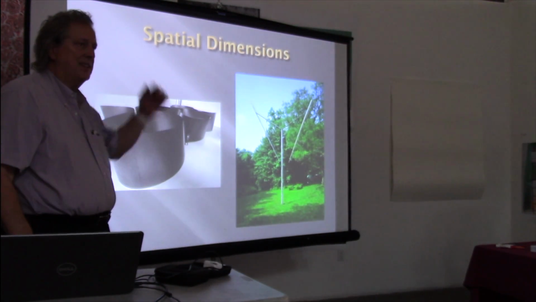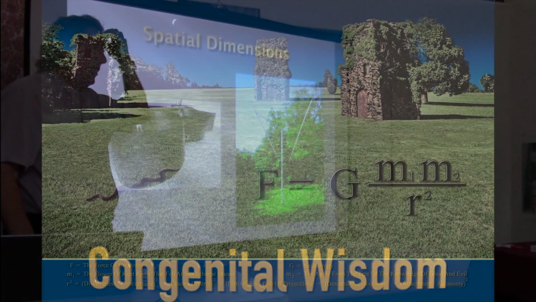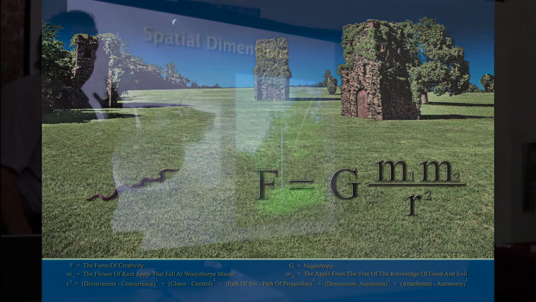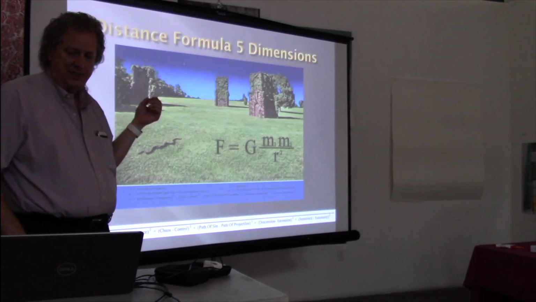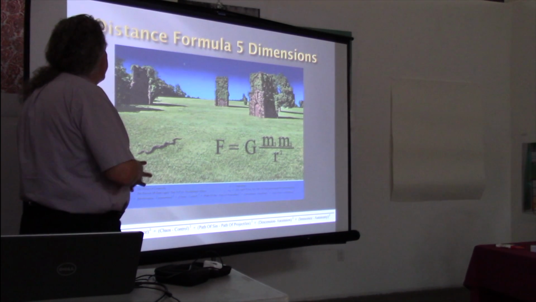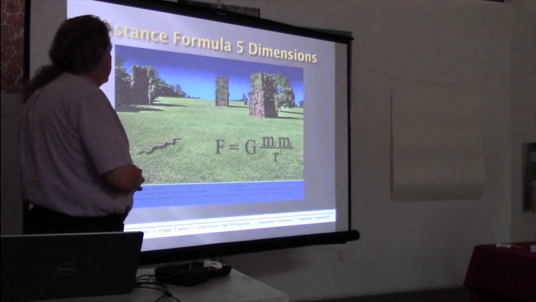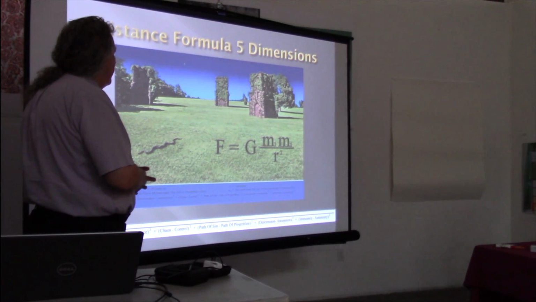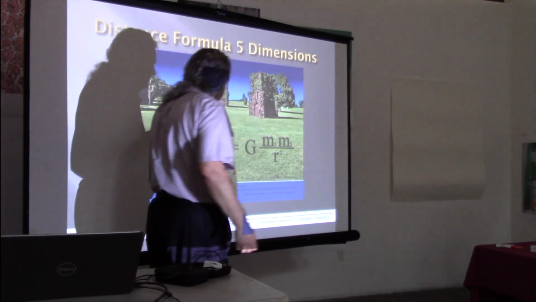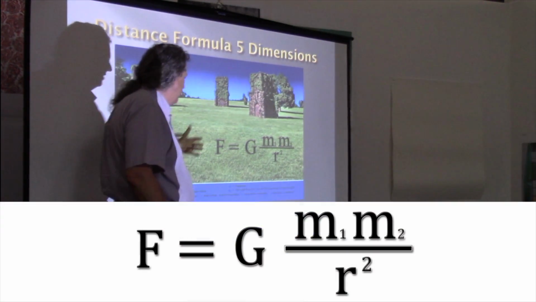So we're going to talk about congenital wisdom. Here is another paradigm poem where we're using a model from Newton, his equation for gravity. In this piece, we're going to map the idea of here's the force.